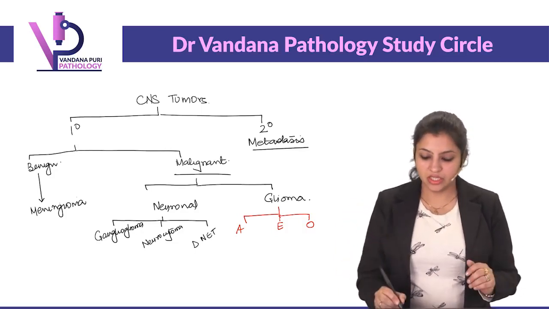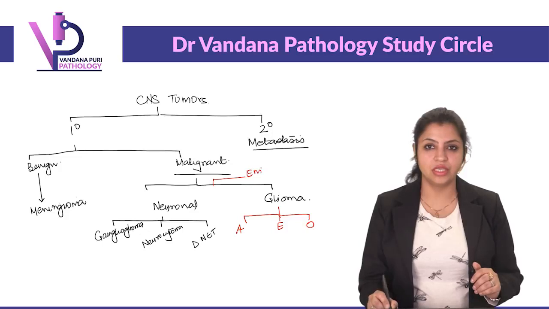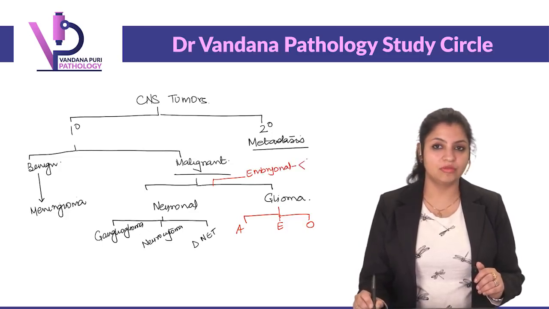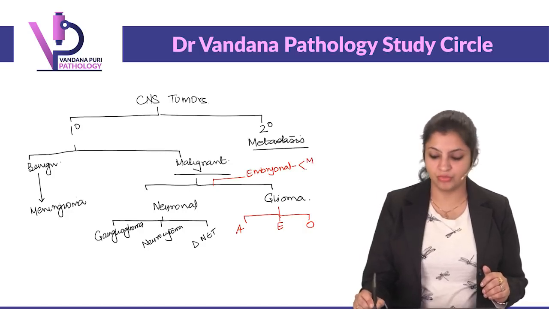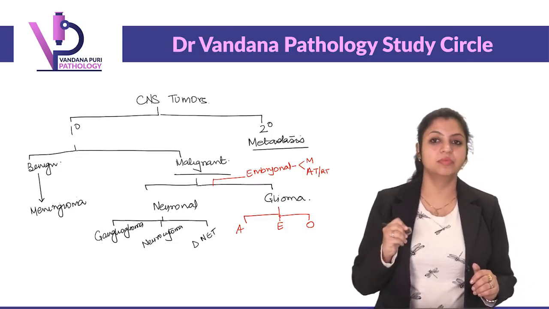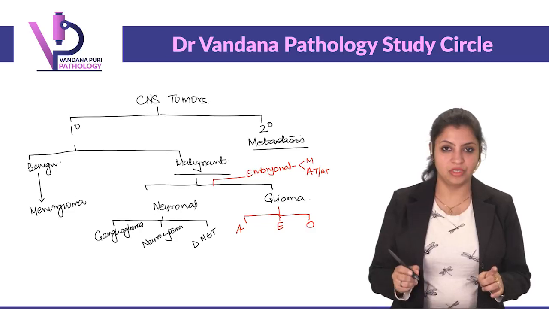Third, if a tumor doesn't fit into anything, neither neurons nor glia, what is that? Embryonal tumors, or poorly differentiated tumors of the brain. Two you have to remember: medulloblastoma and atypical teratoid rhabdoid tumor.